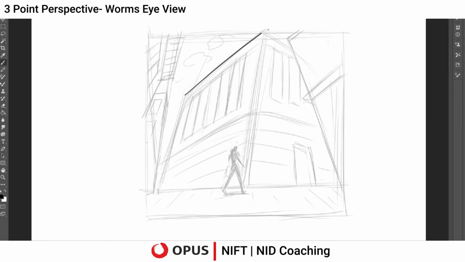So here I can go for very neat and clean straight lines, and that can emphasize all the details that we have just drawn before.